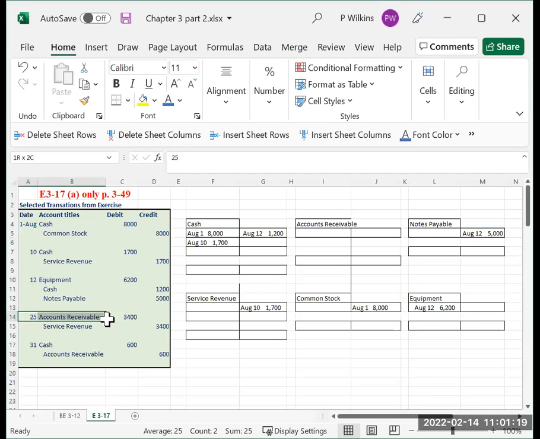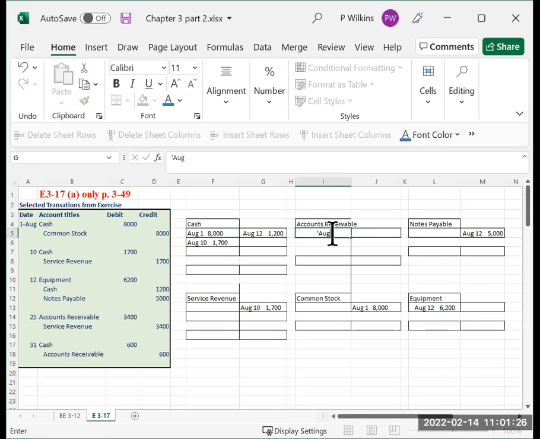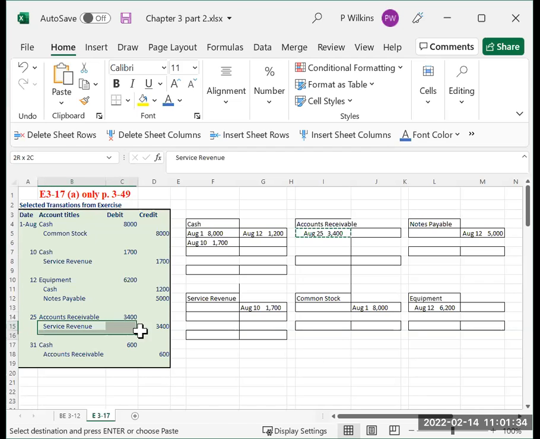Now we get on the next one. We're going to debit accounts receivable $3,400. So we go on the debit side, August 25th. We're going to debit it $3,400. And then we're going to credit service revenue $3,400. So we come over to service revenue, go to the credit side. We're crediting it $3,400.